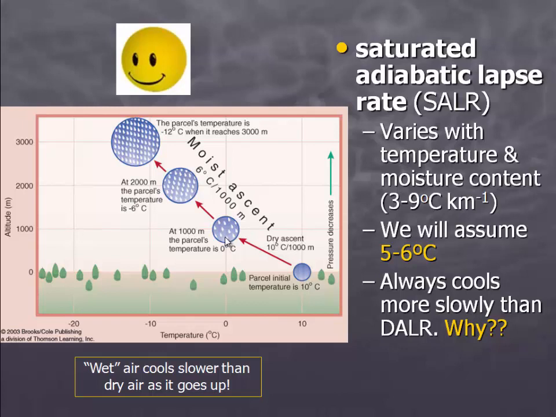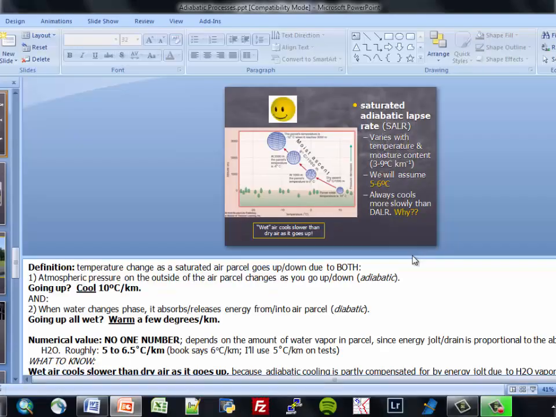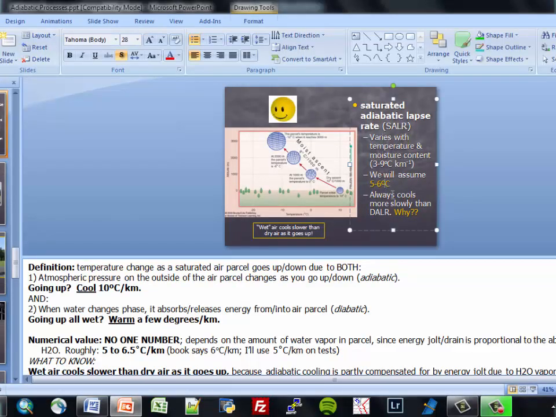Once condensation or saturation begins to take place, we will not follow the DALR anymore. We will now follow the saturated adiabatic lapse rate, or the SALR. In this class, we are going to assume the saturated adiabatic lapse rate. I'm just going to change this right now to make this easy for you.